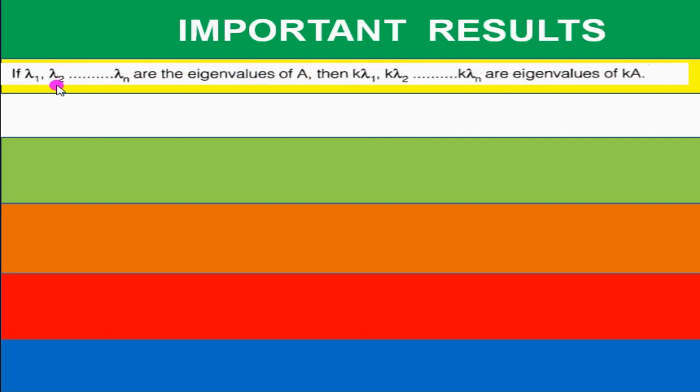If lambda 1, lambda 2 are the eigenvalues of the matrix A, then the eigenvalues of k times the matrix A are given by k lambda 1, k lambda 2, k lambda 3.